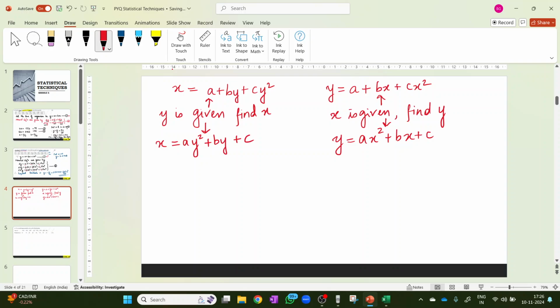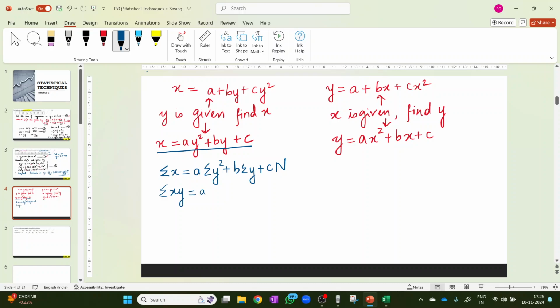Again, as I said, as your equation changes, your normal equations will change. I have shown you the technique for the normal equations. Just a quick recap of the technique here. If I was dealing with this equation, what will be my first normal equation? Entire summation. There's no plus here, it's equal to here. All the constants out, and c will have an n. Now, because it's x equal to, I'll multiply throughout by y.